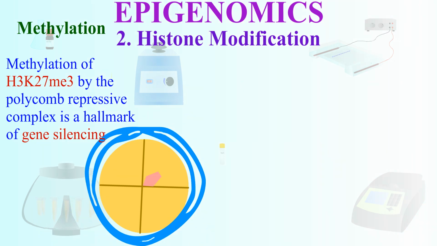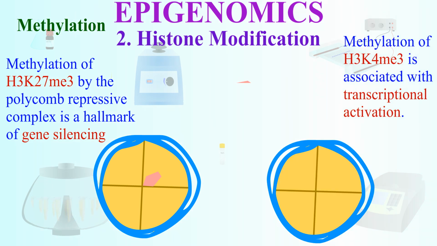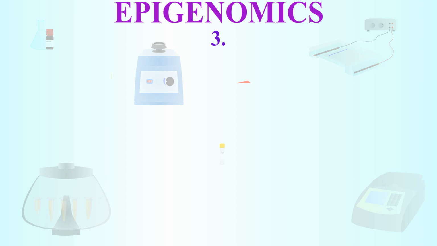Methylation of histone 3 at lysine 27 by the polycomb repressive complex is a hallmark of gene silencing, for example, in embryonic stem cells, in order to maintain the pluripotency. And methylation of histone 3 at lysine 4 is associated with transcriptional activation, like in the immune cells, for the genes encoding cytokines like IL-6.